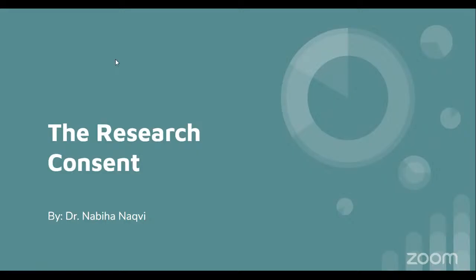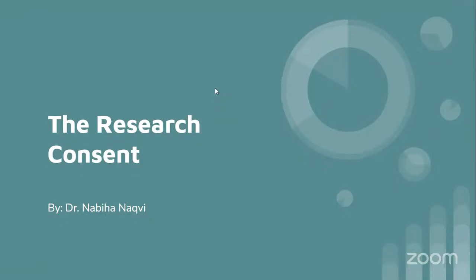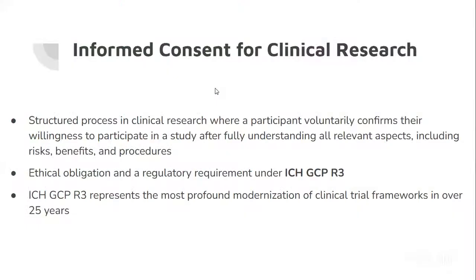All right. So the presentation topic for today is research consent, and we need to understand what kind of consent we are talking about. It is the informed consent for clinical research. And what exactly is informed consent?